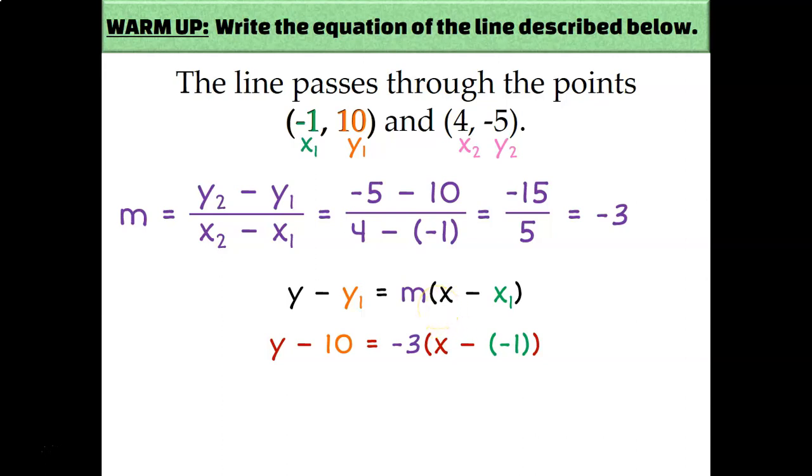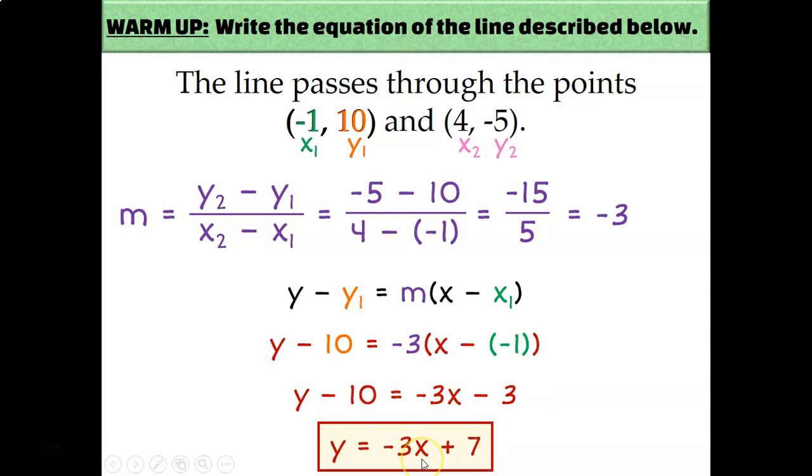So to do that, I'm going to need to distribute. Negative 3 times x is negative 3x, and negative 3 times, well, that's really a positive 1, right? That's a negative negative, so it's a positive. Negative 3 times 1 is negative 3. And then just one more step to get to our final answer. Add 10, and I get y equals negative 3x plus 7. That is the equation of the line that has these 2 points.